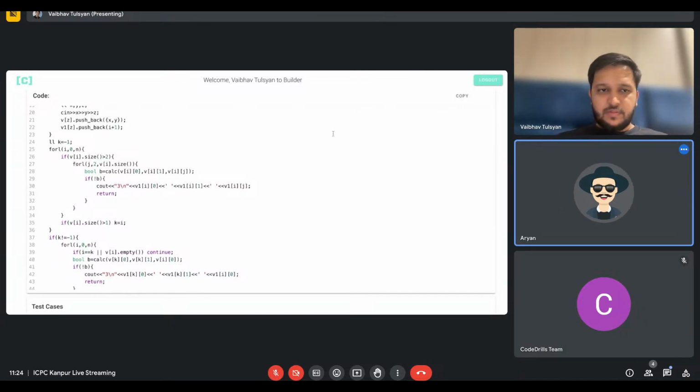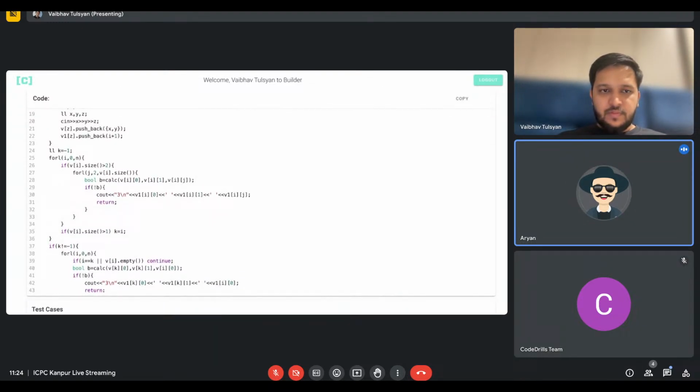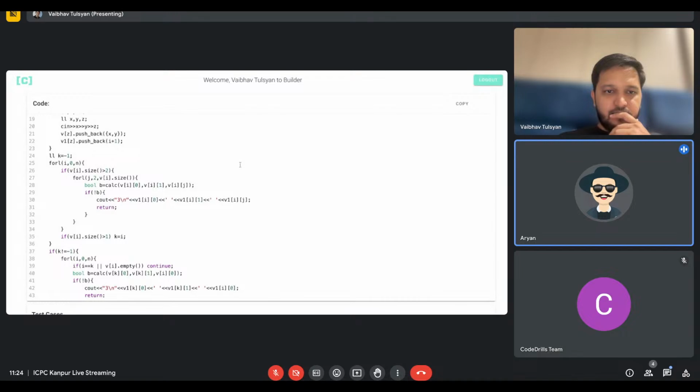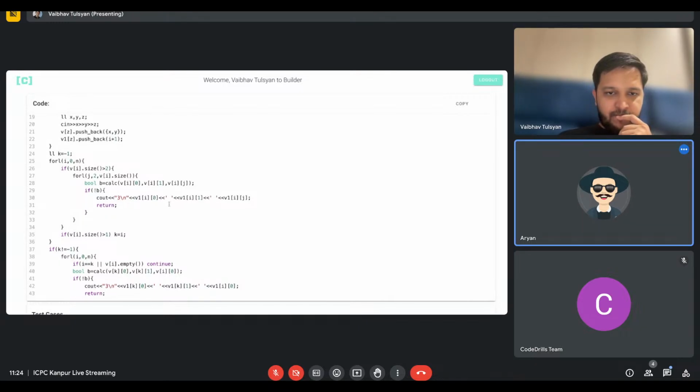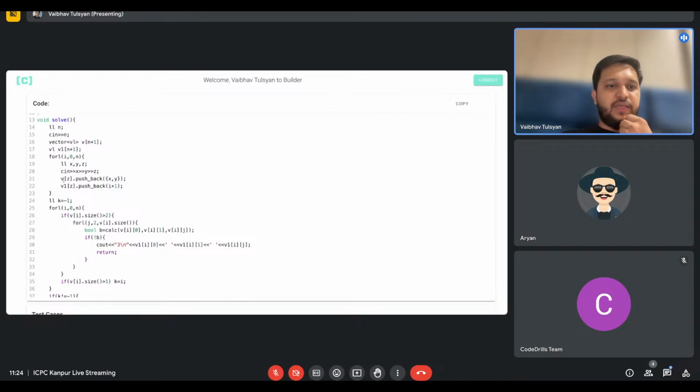Digging deeper on this one, let's see what more they are doing. They are creating a map and everything. First, okay, V1. What is V1? So V is a mapping from whatever value to the coordinates, a list of all points with the same value.